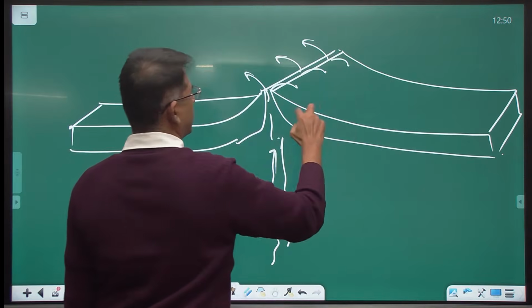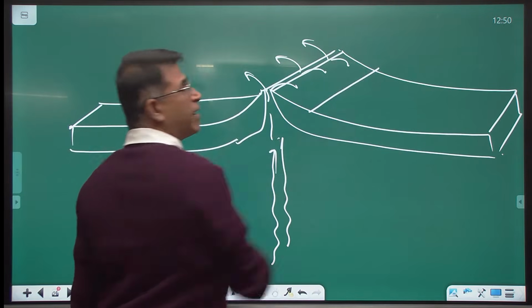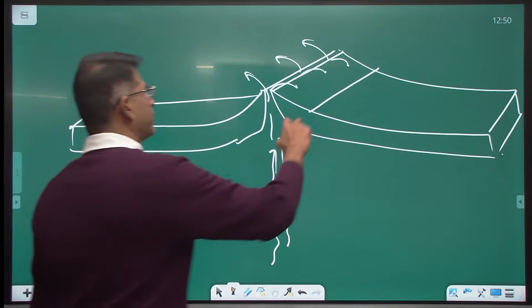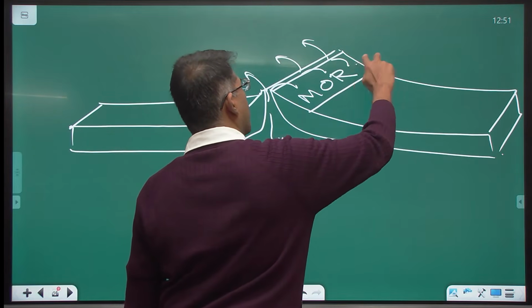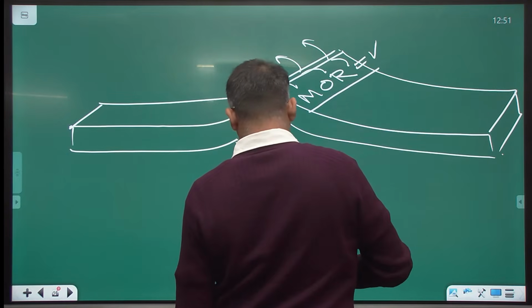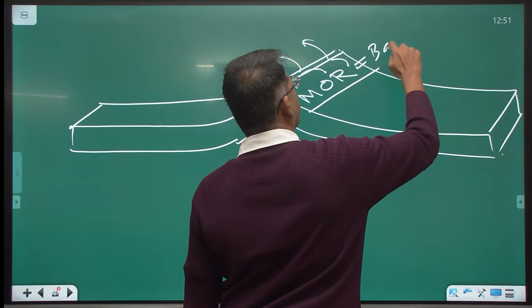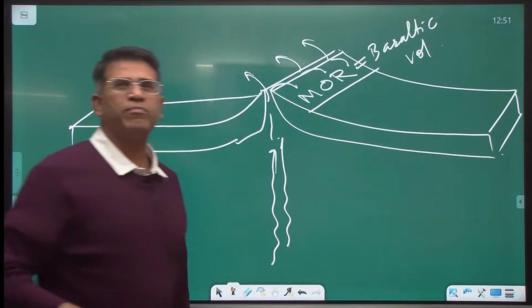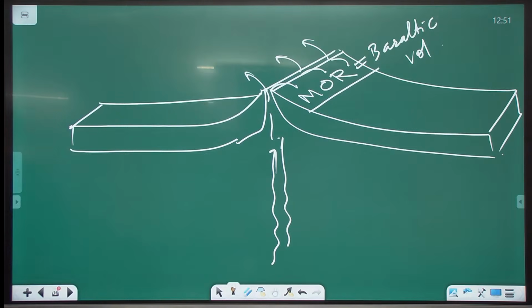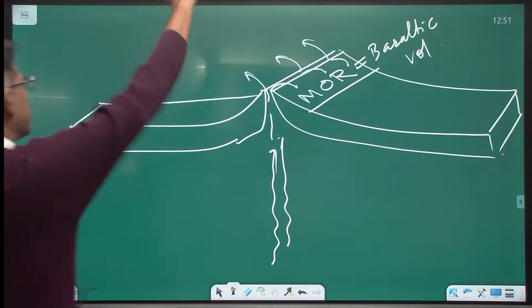Okay, so this ridge that formed, this is the MOR. And the MOR is always basaltic volcanism. Keep sketching. Okay, there will be no questions on this, but you must use it for some other answers. Okay, it's called the mid-ocean ridge.